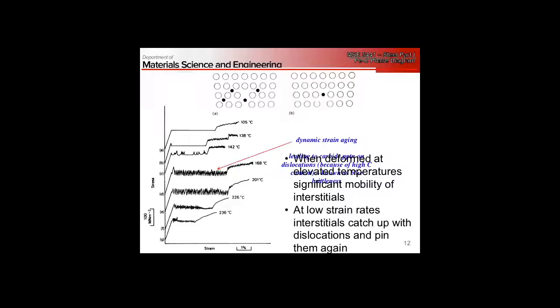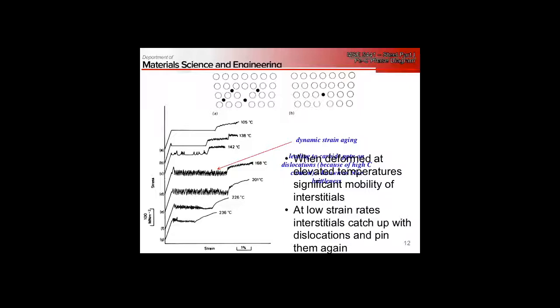Right? If your strain rate is such that your dislocations are going to go significantly faster than your diffusion, you won't see this jaggedness, right? Remember, strain rate and temperature have inverse effects. Generally, we can consider that there's some sort of time-temperature superposition. So the faster you strain something, it's like deforming it at a colder temperature.